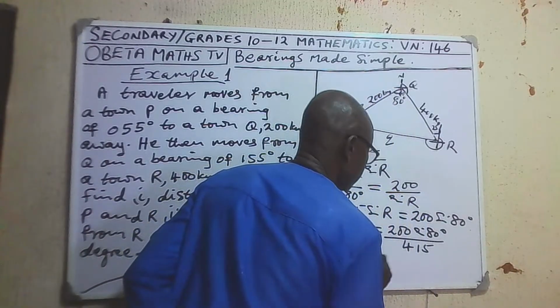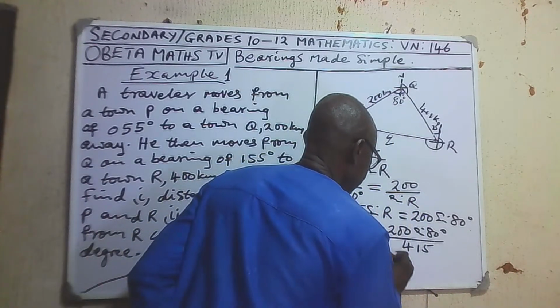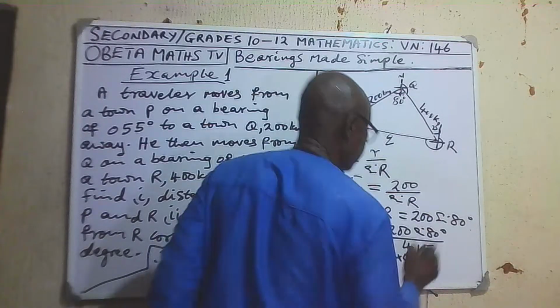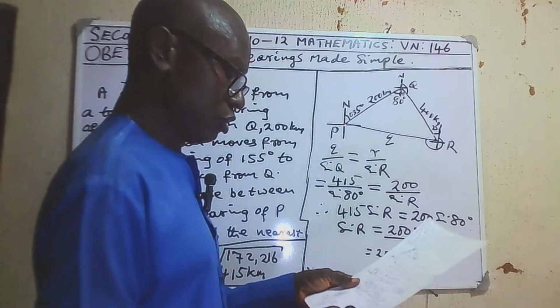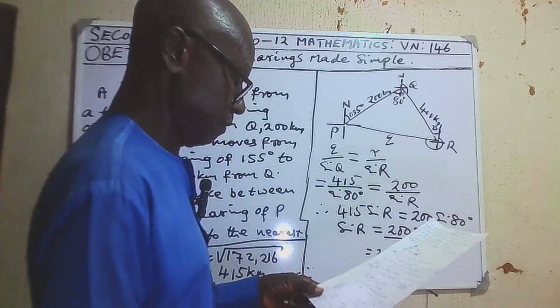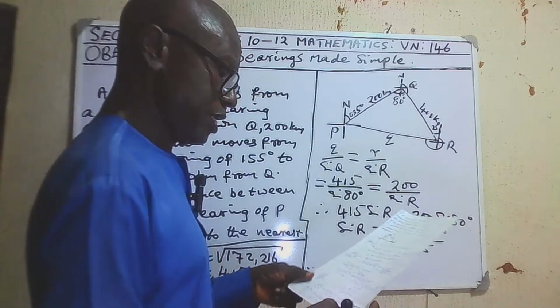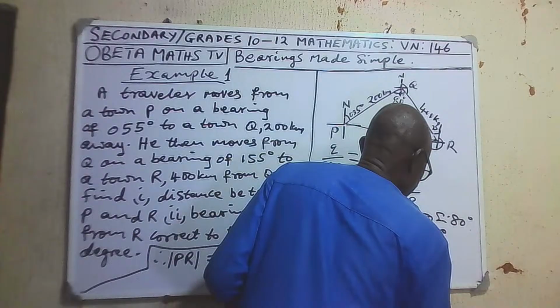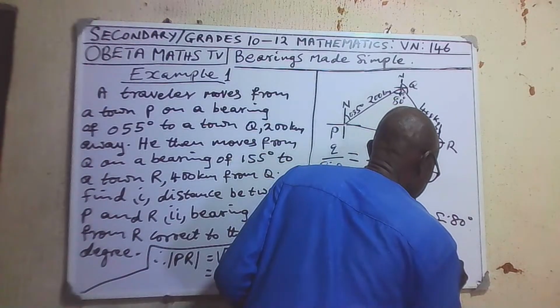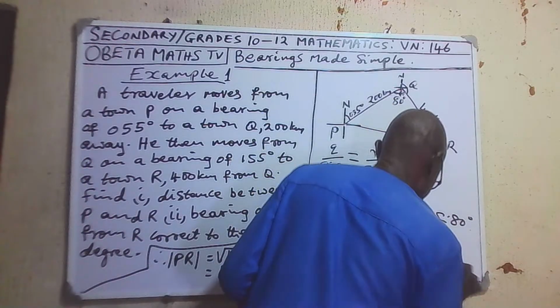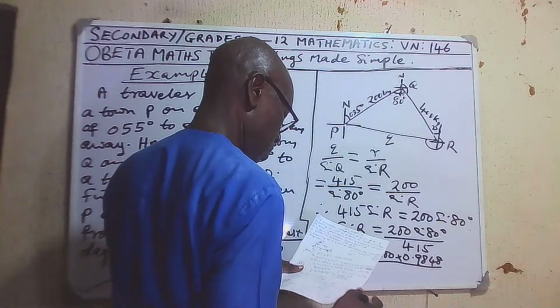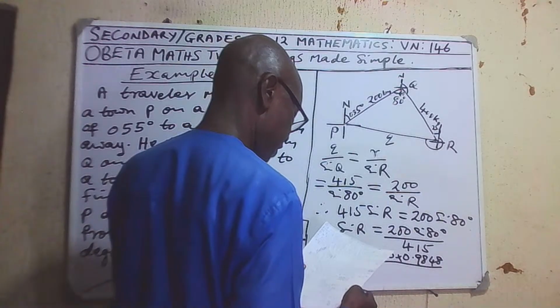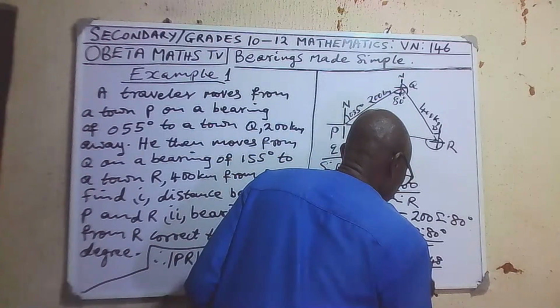So that will give us 200 times 0.9848, divided by 415.